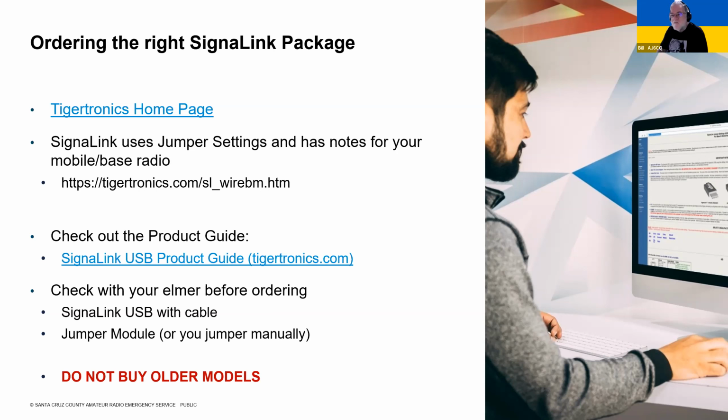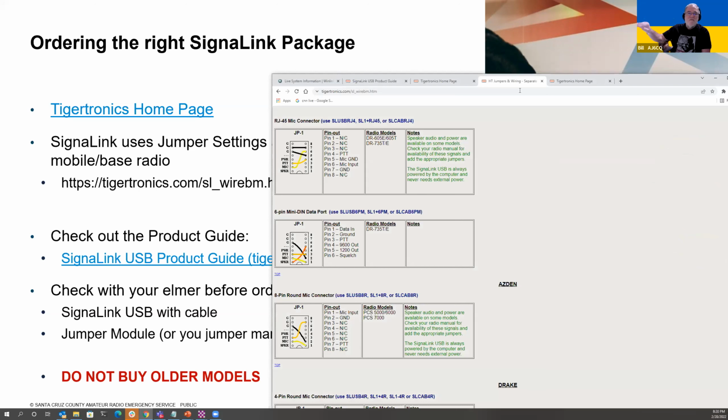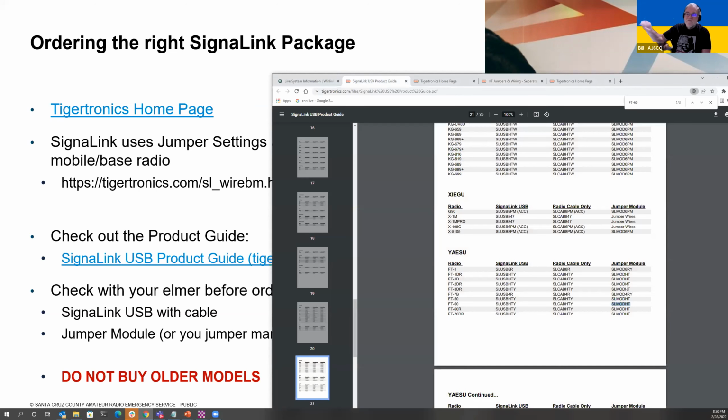So I just had a comment on that product sheet. You will see the Signal-Link unit, and in the middle there's a thing for the cable, and then on the right there's a thing for the jumper module. The cable is included with the Signal-Link item in the second column.